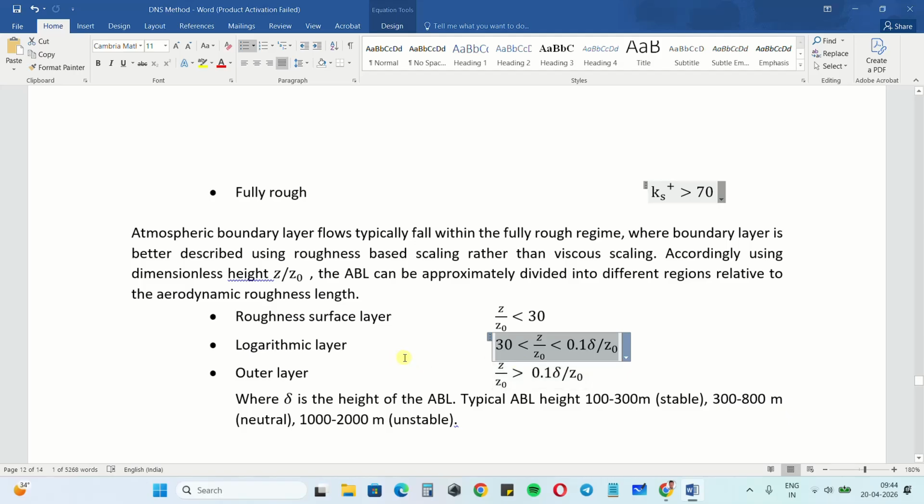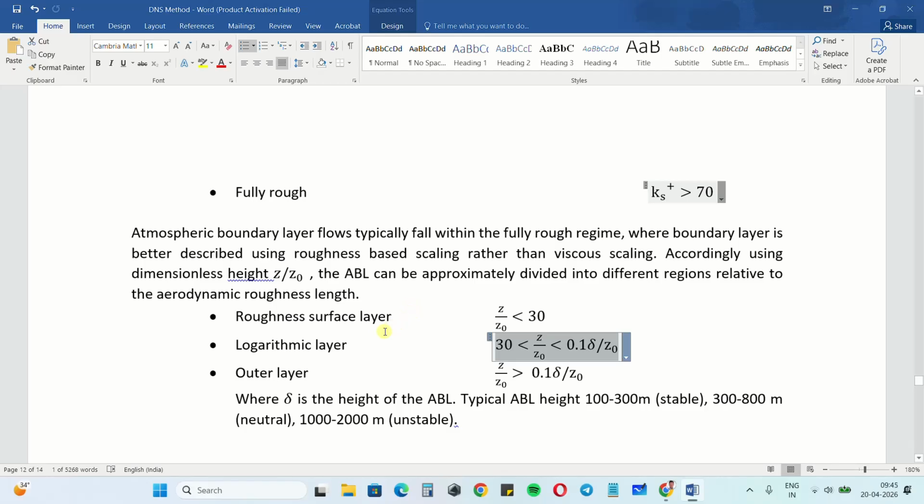So the idea is that we have to look at the relevant mechanism and the relevant length scale. So you can still follow viscous scaling here, but that's unnecessary complication for us. Our mesh would be really big if we still go for resolving the y plus, which is of no use to us.